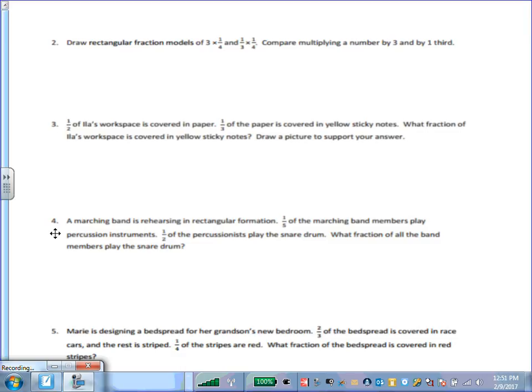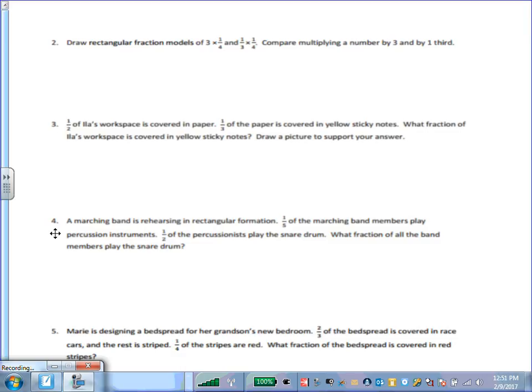So, what they're telling you to do is draw rectangular fraction models of 3 times 1/4.